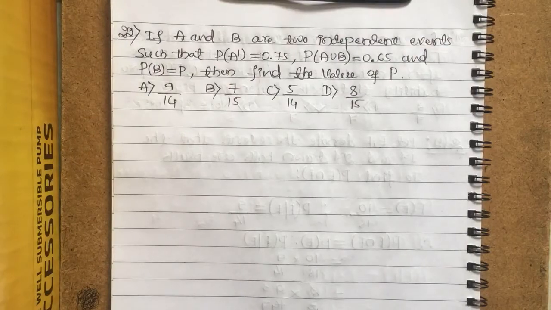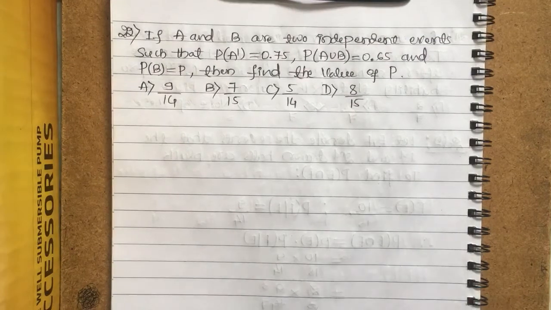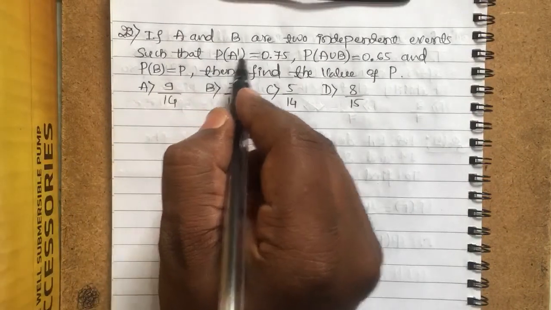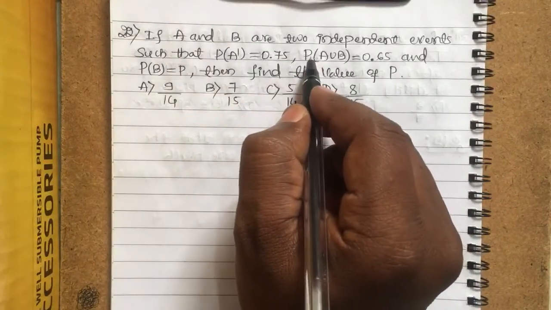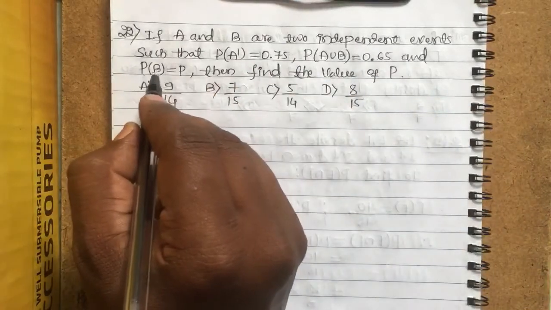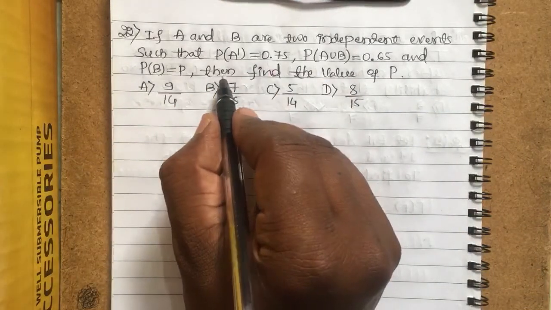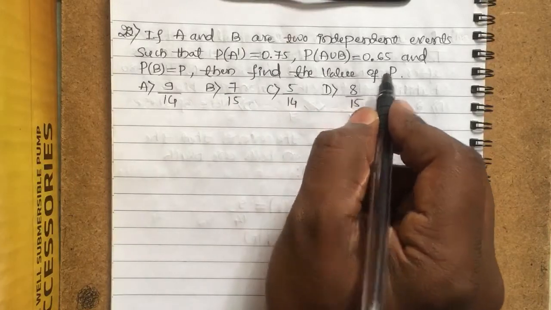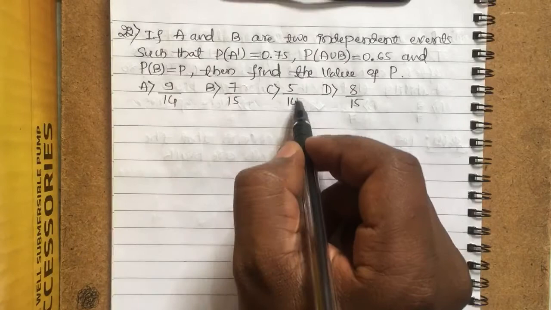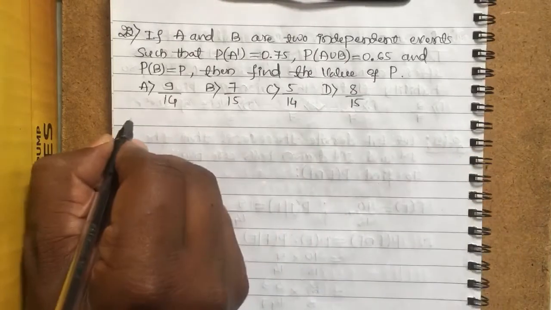Well, the next question it is, if A and B are two independent events such that P of A dash equal to 0.75, P of A union B equal to 0.65 and P of B equal to p, then find the value of p. The four options are 9 by 14, 7 by 15, 5 by 14, 8 by 15.